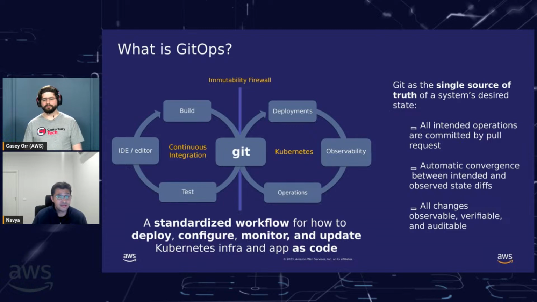Also make sure that we have the builds for our container images pushed into the right registry for containers as well. Once that is done, Git basically is being polled by any tool that we're using for GitOps for going ahead and deploying the state that we have defined, observing it on an ongoing basis. That's why we are polling, and then also creating an observability setup where we understand what is the live state of our cluster, for example. And then we can integrate this with various operation tools as well in the future.